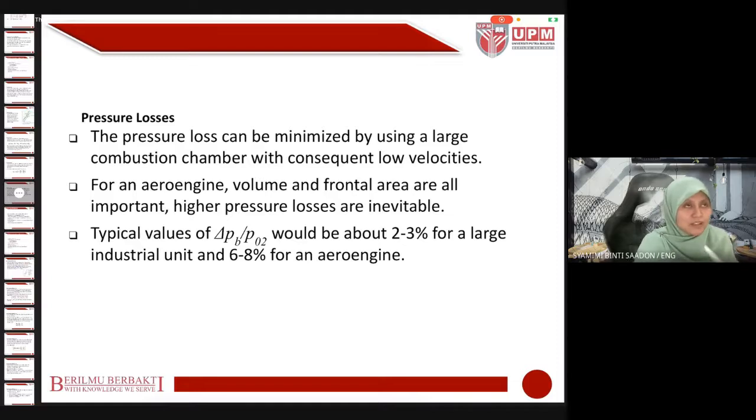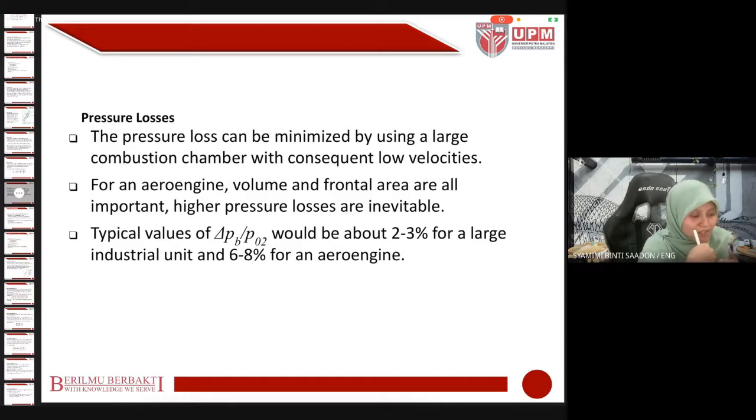If you think about the Bernoulli principle of fluid mechanics, pressure and velocity are always inversely related. So if we minimize this pressure loss, then the velocity will be decreased as well.